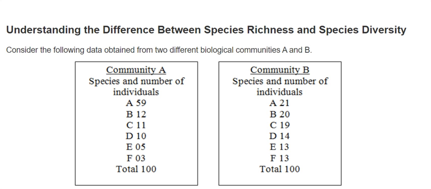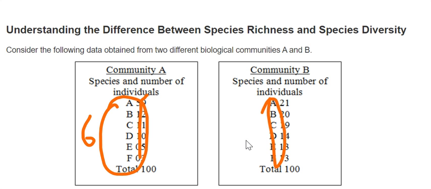The species richness of the two communities is equal and the value is 6, because species richness does not include the number of individuals, but only the species A, B, C, D, E, F, which counts to 6. Hence both communities have 6, and the species richness is equal in both communities.